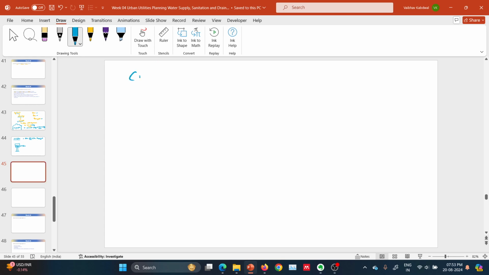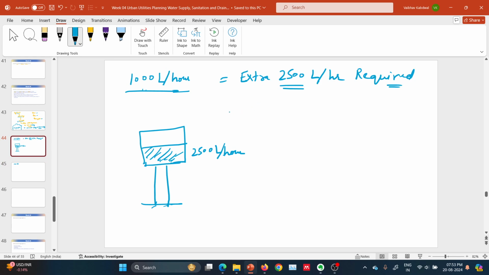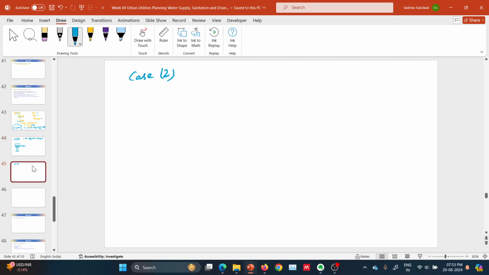Let's take case two. So here, what was the criteria? The water treatment plant must understand. So what is the flow chart here? This is the water treatment plant.